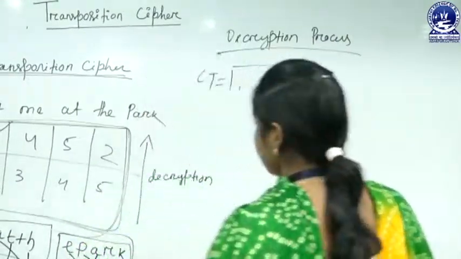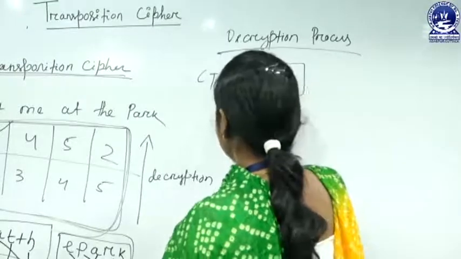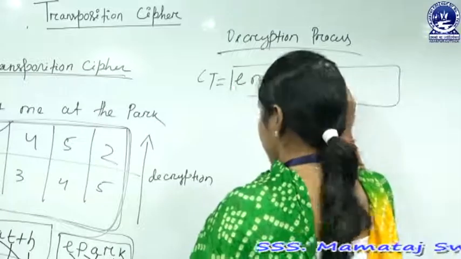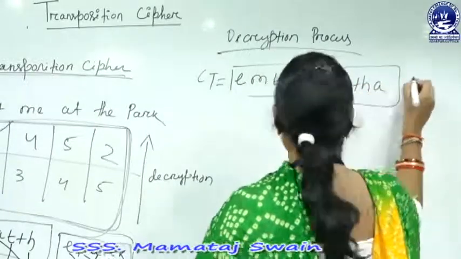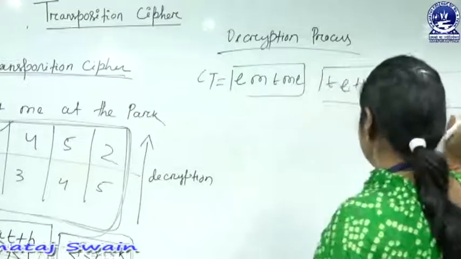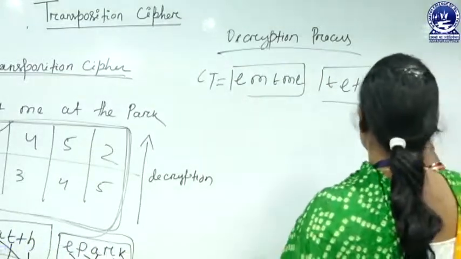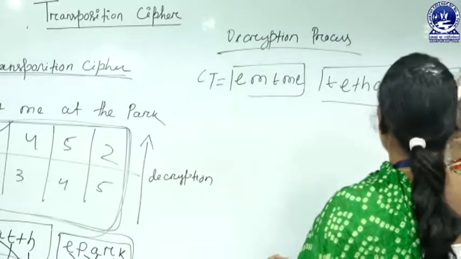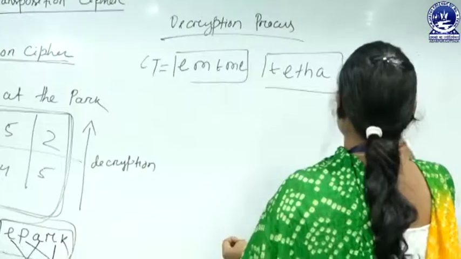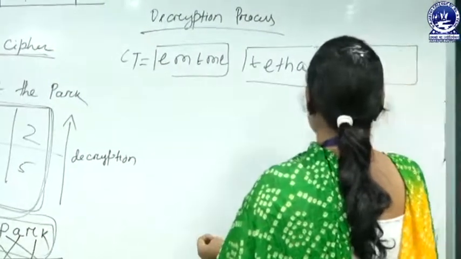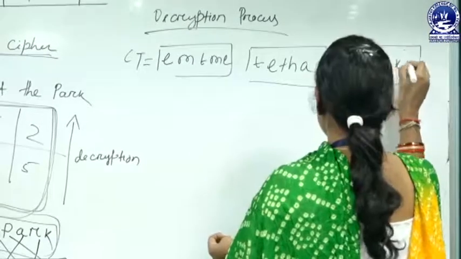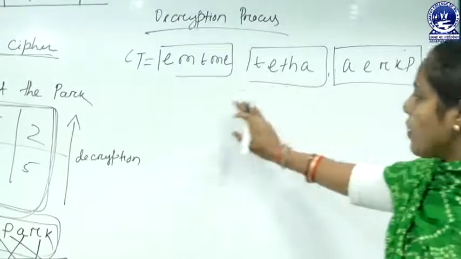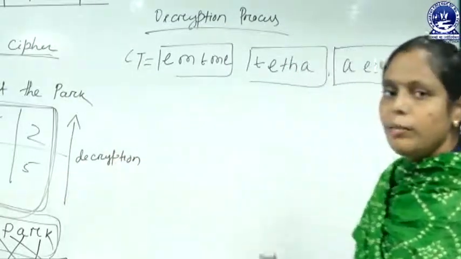For decryption, here the ciphertext blocks are E, M, T, M, E, then next T, E, T, H, A, then next A, E, R, K, P. These are the ciphertext blocks. Now, we apply this key to get the plain text.